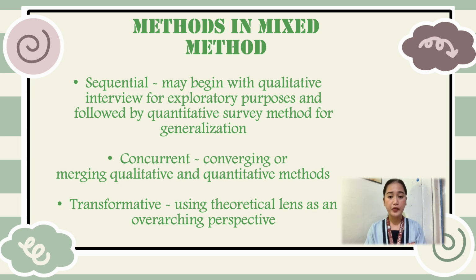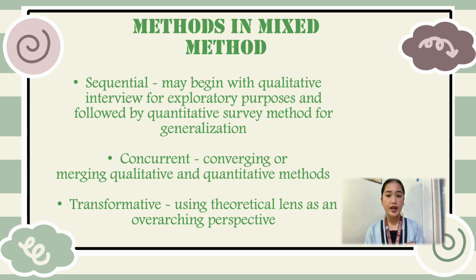So next is the concurrent, converging or merging qualitative and quantitative methods. So concurrent, imagine two trains running side by side, each carrying different types of information. That's what this design is like.